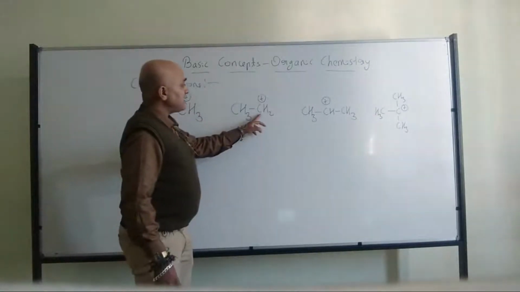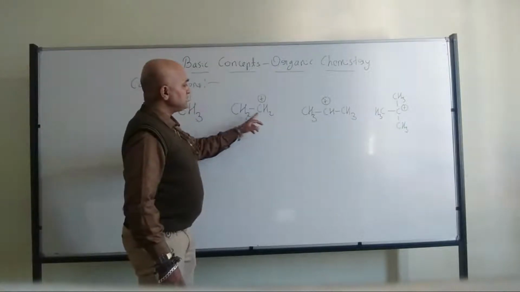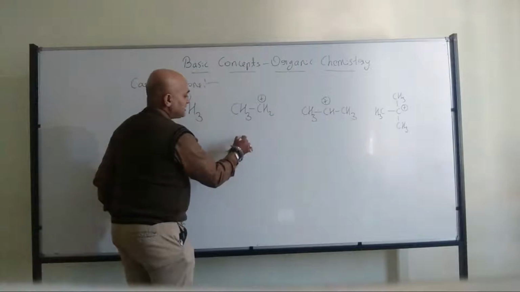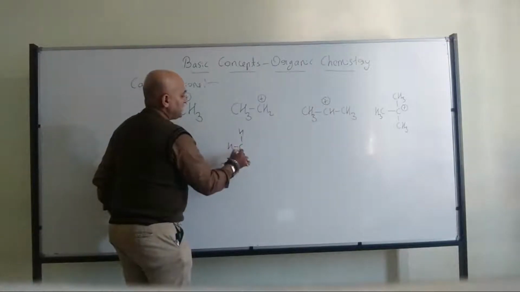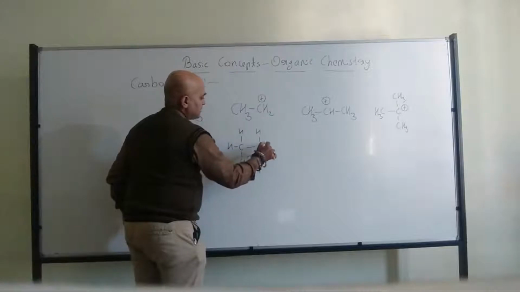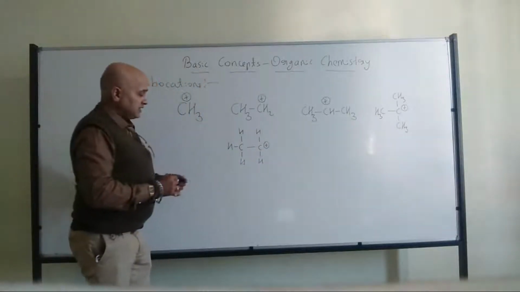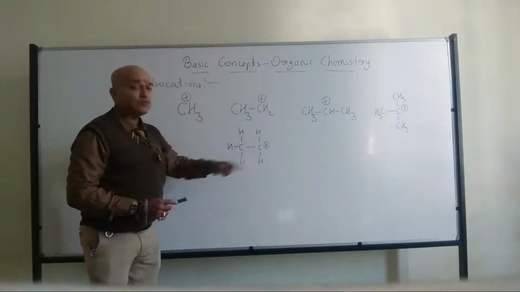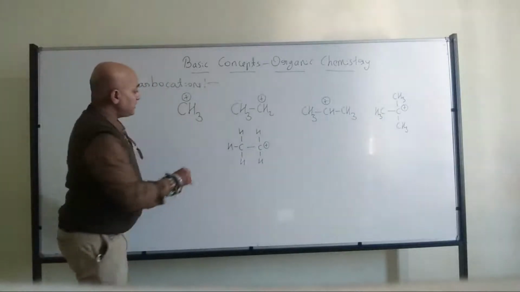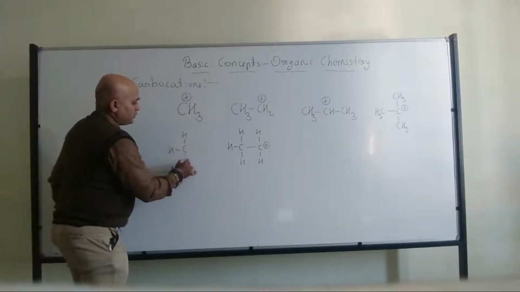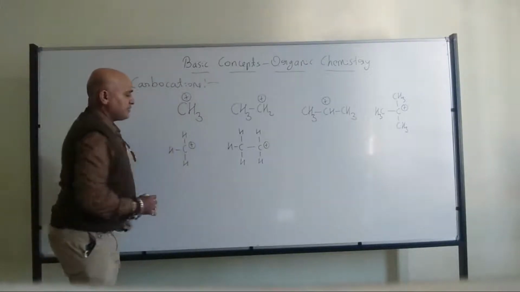In this case, carbon is bonded with 2 hydrogens and 1 carbon, because if I write the detailed structure, I can write it like this: hydrogen, hydrogen, positive. That means carbon is bonded with 1 carbon and 2 hydrogens. But in this case, all are hydrogen only. No carbons are there. Fine.